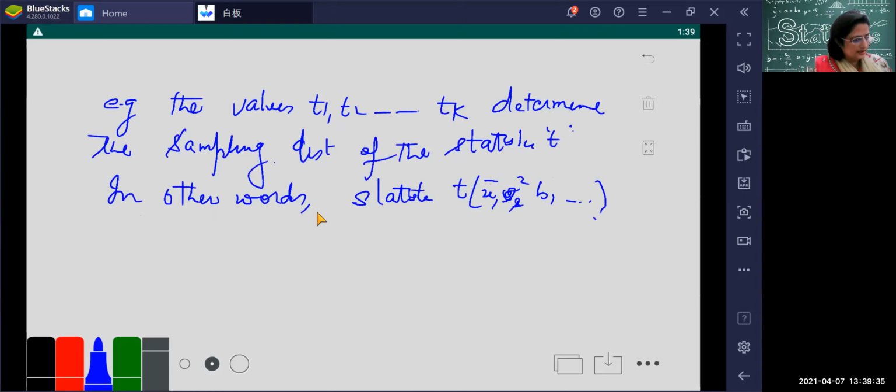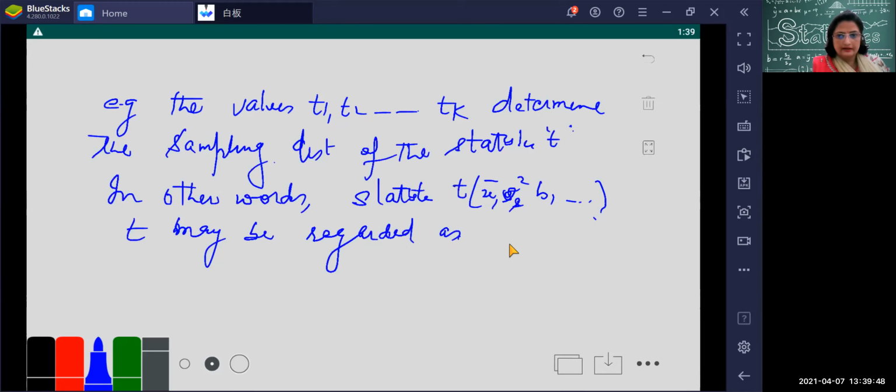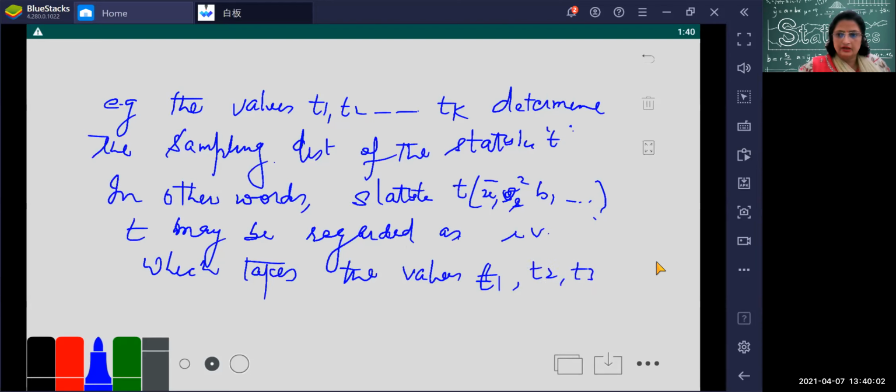In other words, statistic T may be regarded as a random variable which takes the values T1, T2, T3, so on up to Tk, right?